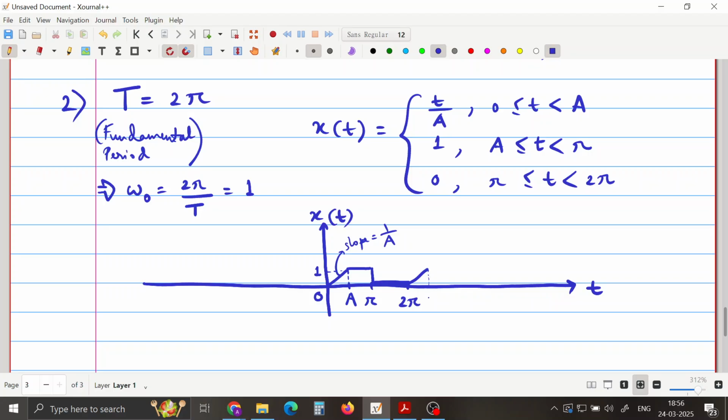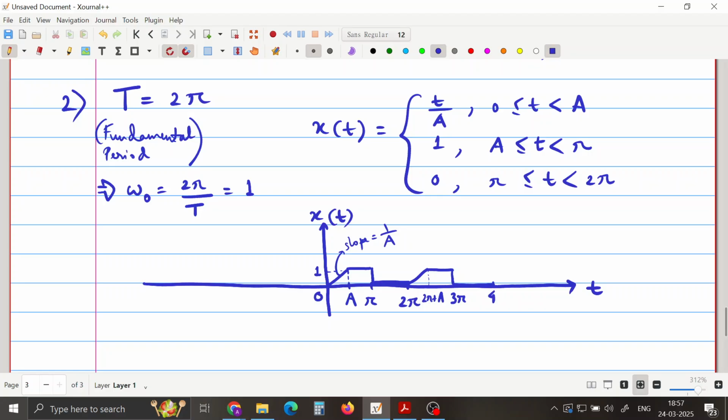This point will be 2 pi plus capital A. Then the point at which it falls back to 0 again will be at 3 pi, and from 3 pi to 4 pi it will stay at 0.